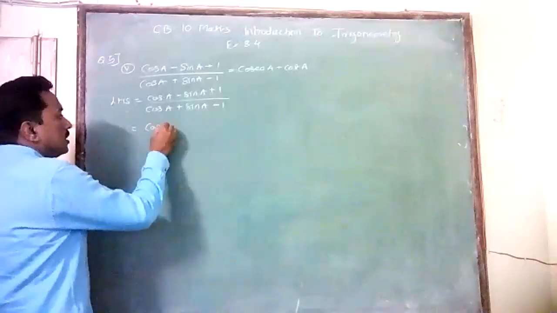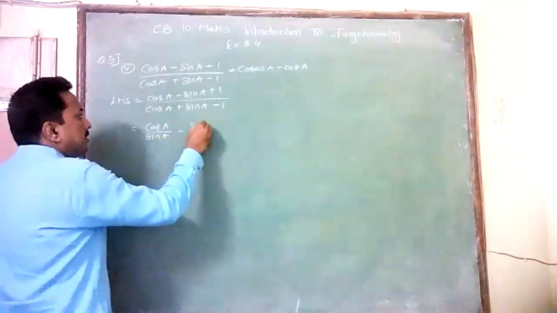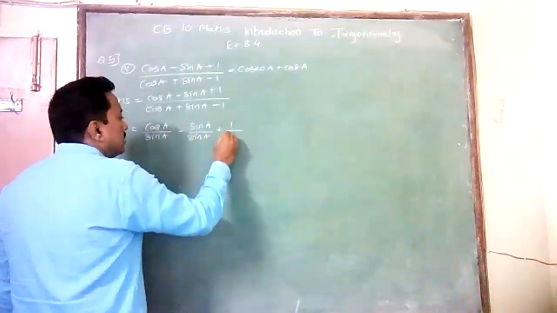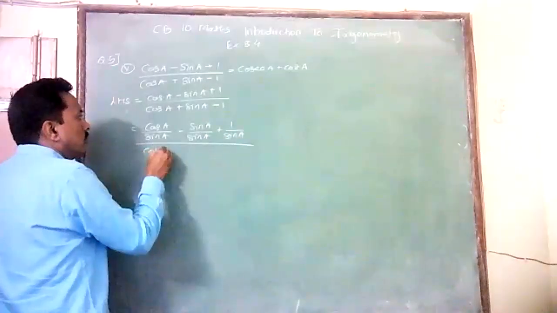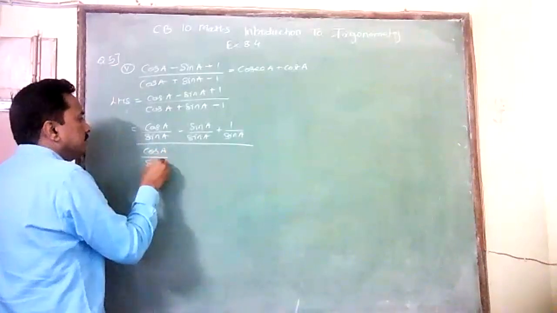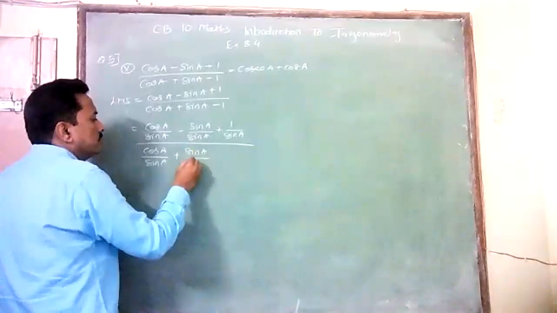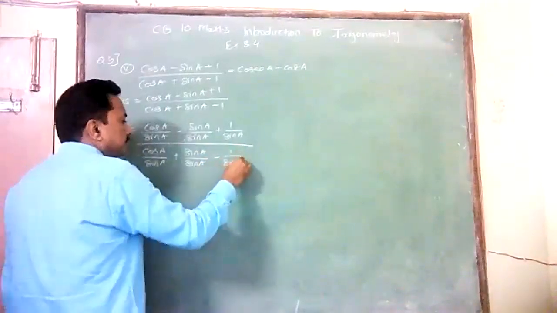So cos a upon sin a minus sin a upon sin a plus 1 upon sin a. Same in the denominator also: cos a upon sin a plus sin a upon sin a minus 1 upon sin a.